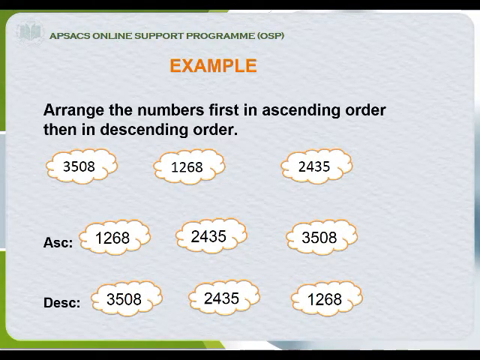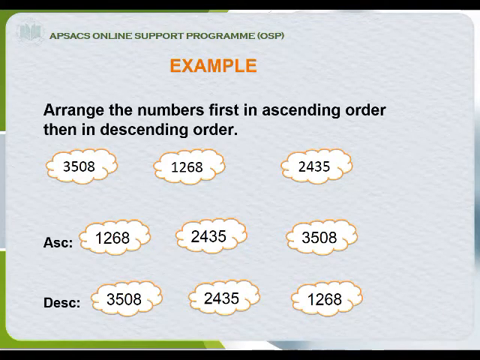So the first number, the smallest number is 1268. Now the greater number is 2435 and the greatest number is 3508.